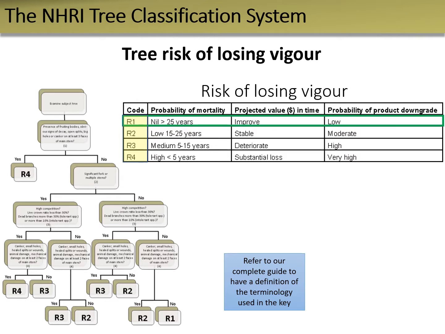To the opposite, an unhealthy tree has a high probability of dying, and this will happen within 5 years. There is a substantial loss in the value projected over time, and a very high probability of product downgrade.